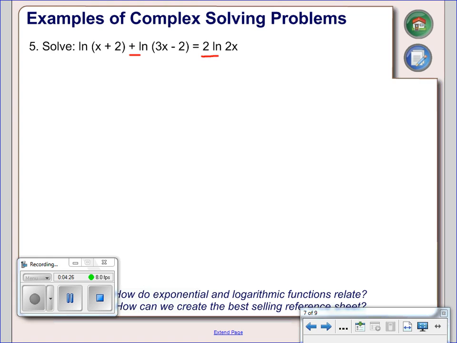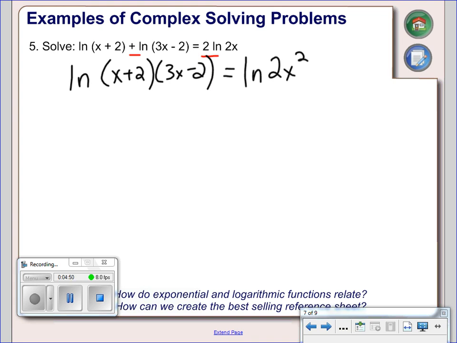So I'm going to write natural log of the quantity x plus 2 times the quantity 3x minus 2. That is literally the same thing as those 2 things being added together. And on the other side, since I see the 2 in front, that's a clue that I can make it into the power rule. So the natural log of 2x squared is what I can do there.